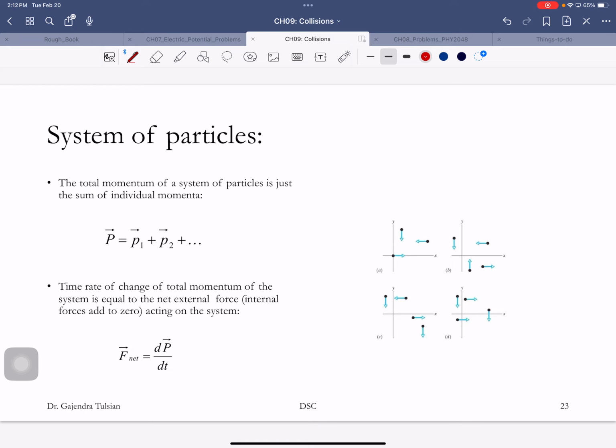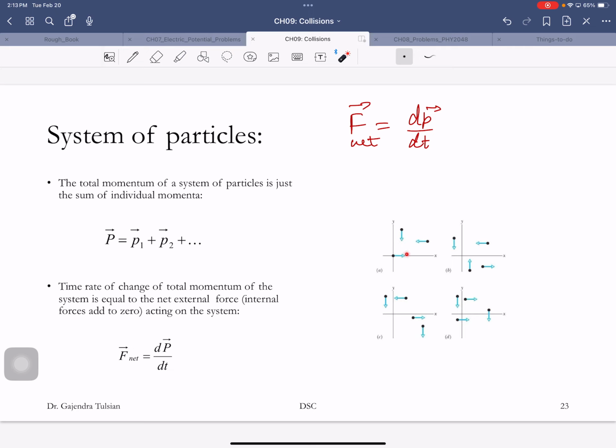So what is Newton's second law? I'm sorry? dp, dt. Very good. F is dp over dt. So the net force was that. This applies to a single particle, but it turns out it applies to a system of particles as well. So you have a bunch of particles. Let's say this is the force on this, that's the force.